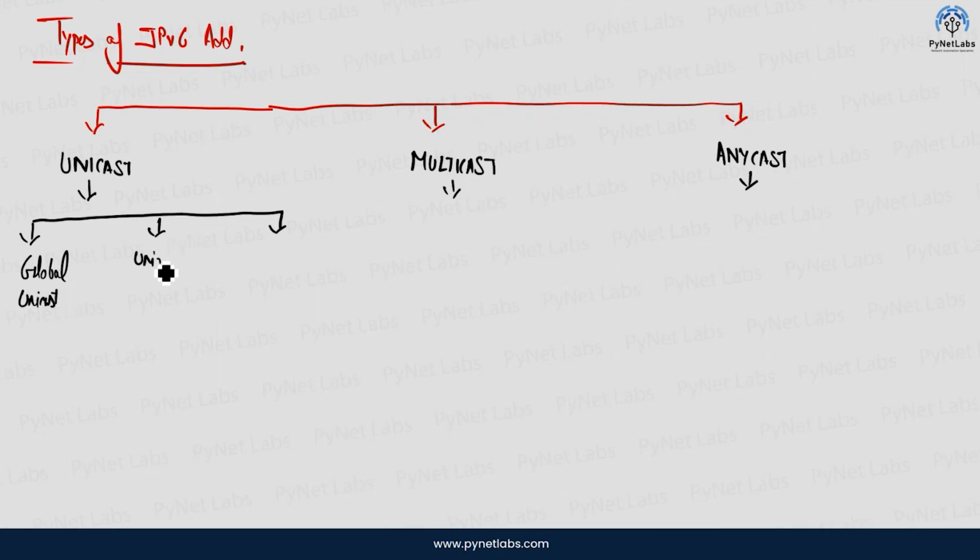Second category is unique local address. And last is your link local address. And when I say multicast, it is similar to D class of IPv4. And anycast, I'll explain with an example.